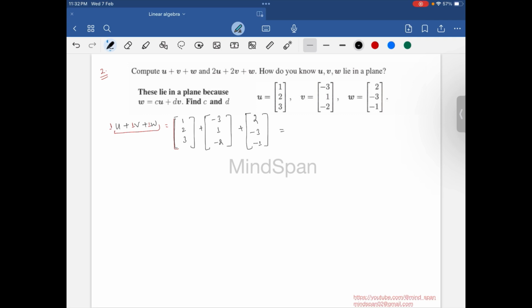So what we are going to get is 0 0 and 0, right? So you see that with this value of c equals d equals e equals 1, if we are taking the combination with this particular value, what we are getting is a 0 vector, right?